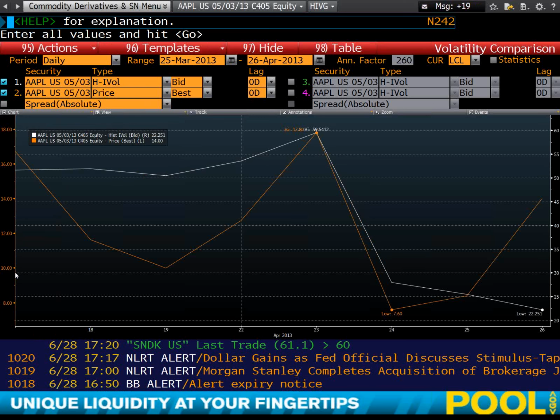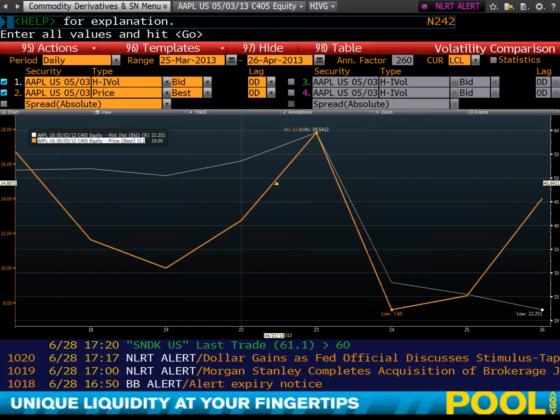You can safely assume that the option price was a lot lower. As you got closer and closer to the reporting day, the volatility expanded. Again, this white line would be a lot steeper, and it would start dragging up the price of the option, even though the price of Apple stock is probably not changing that much.